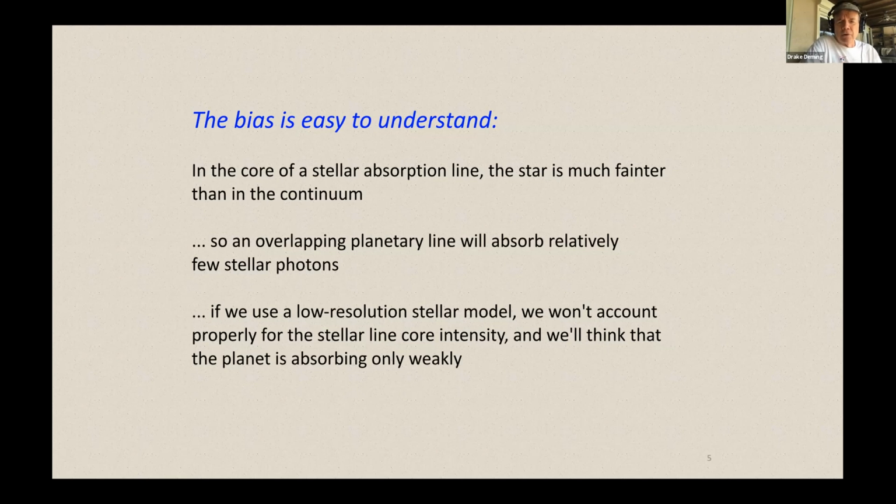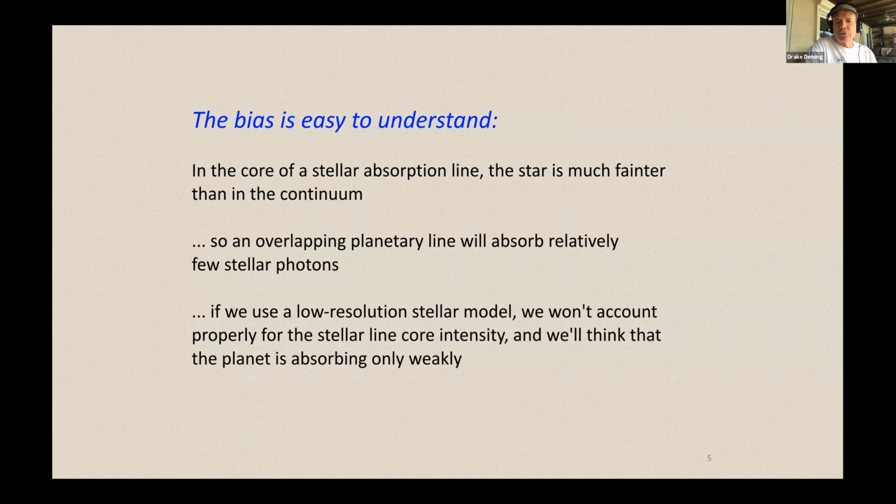So in your observations, after convolving to low resolution, you will see a relatively low amount of absorption. But because your low resolution stellar spectrum will be smeared out, it will look like it has a lot of photons.